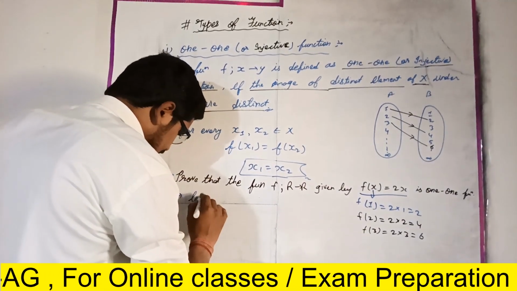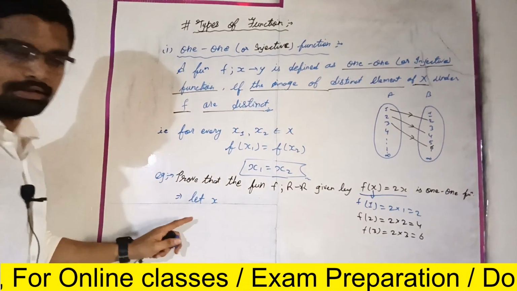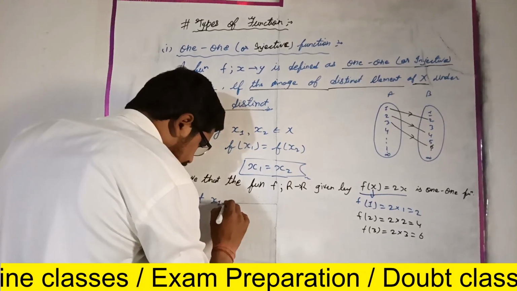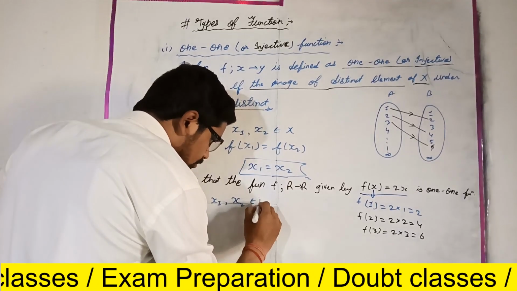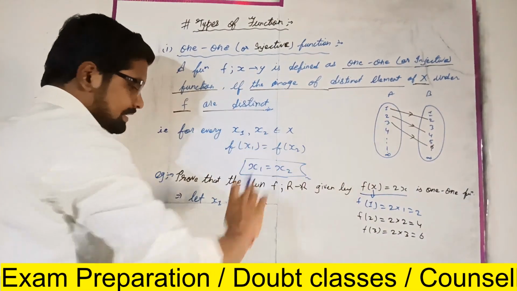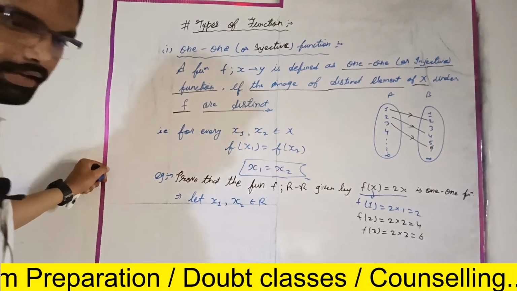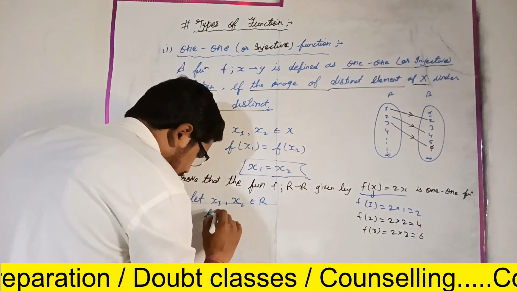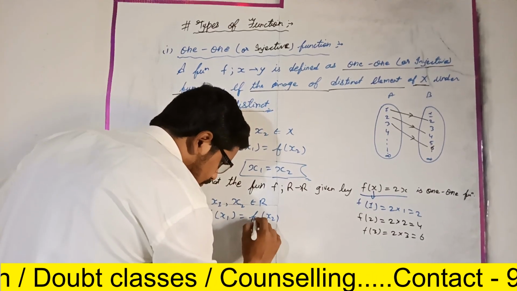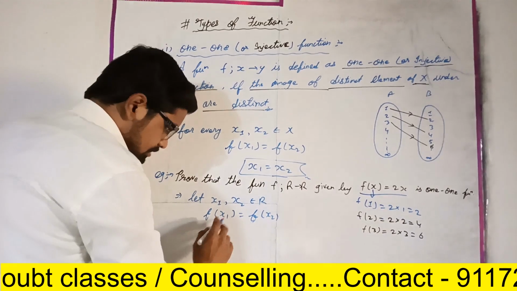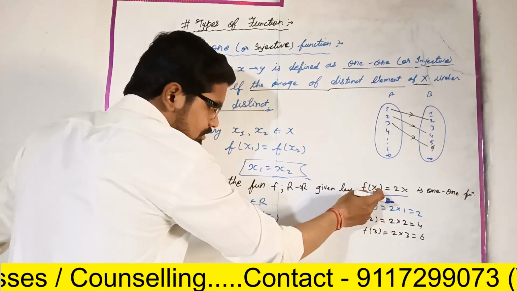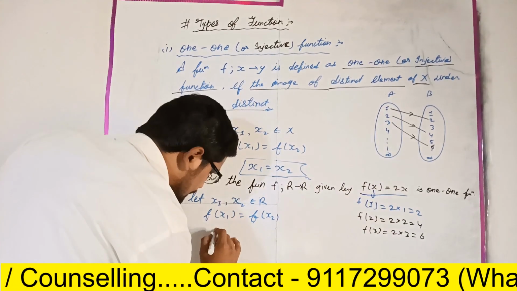Here we will write: let x be an element, and here we will take x1, x2 which belong to R. x1 and x2 are elements of the set R. For f(x1) equal to f(x2), in the place of x, if we put x1 then the outcome will be 2x1.